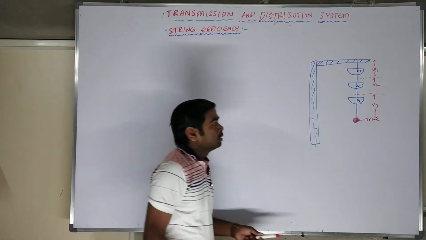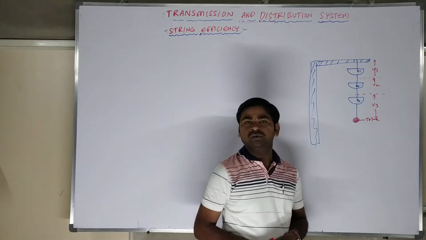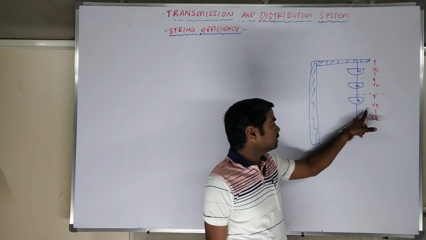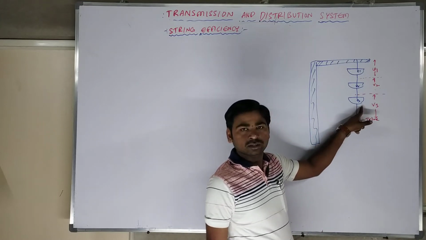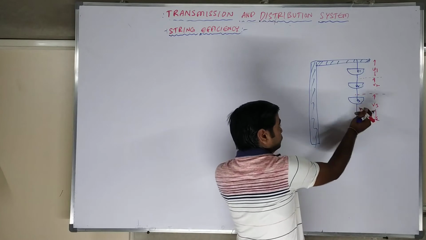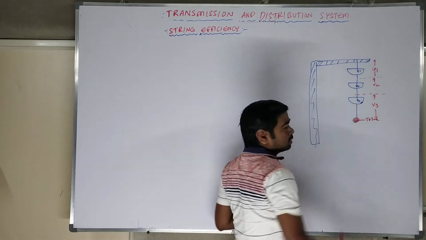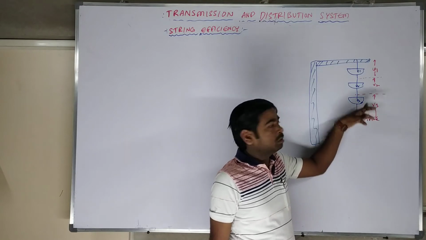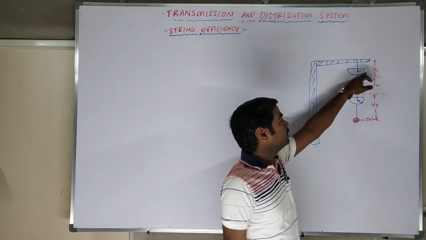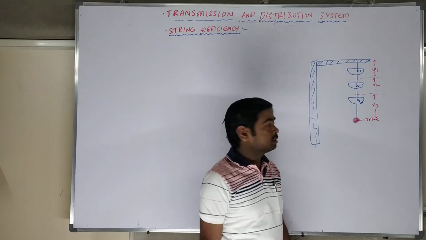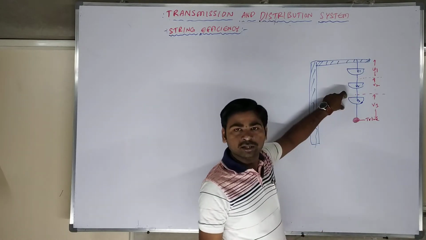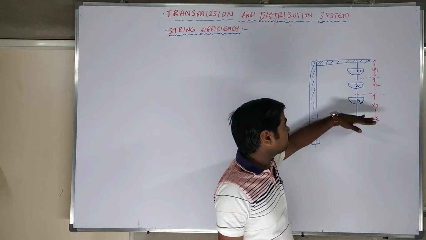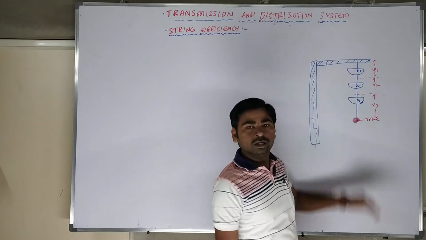In general, the voltage across the disc near the power conductor, disc 3, is more compared to disc 2, and compared to disc 1. It means disc 1 will experience less voltage compared to disc 2, and disc 2 will get less voltage than disc 3.